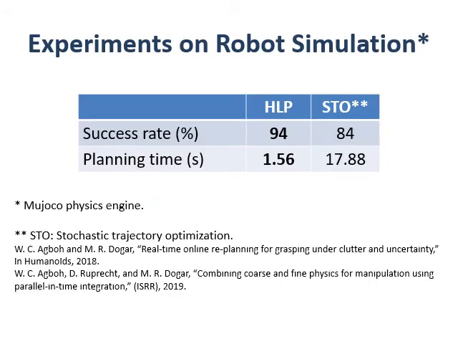To evaluate HLP, we did experiments using the MuJoCo physics engine with a benchmark called STO, Stochastic Trajectory Optimization, which is a real-time online replanning algorithm. We can see how HLP can outperform the benchmark in terms of both success rate and planning time.